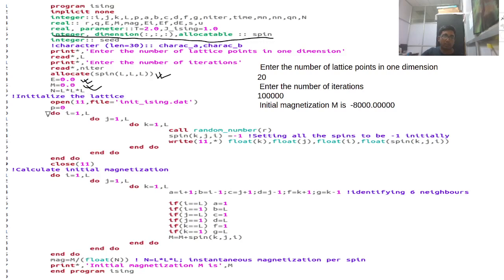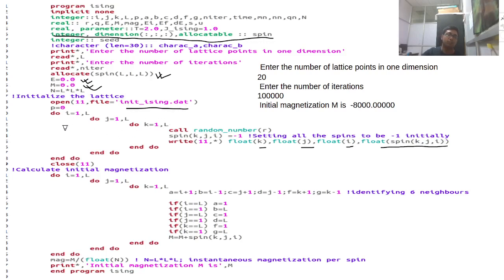Then I am opening a file in which I will store the values of k, j, i, which are loop parameters. Basically they are the kth, jth and ith elements in the different directions, and I am also writing the spin k j i to that file.